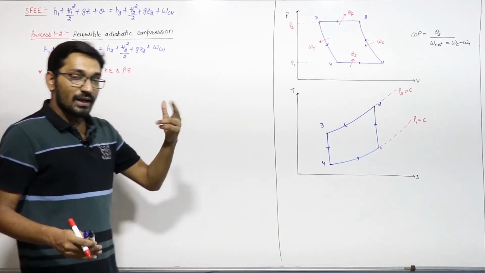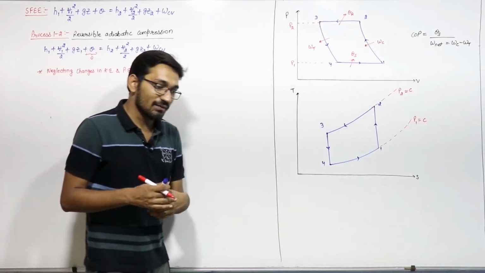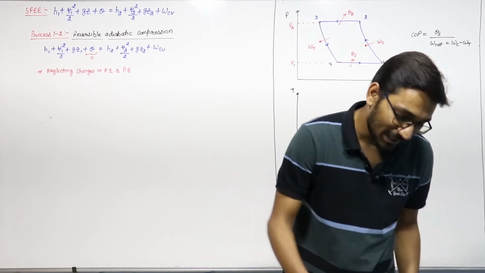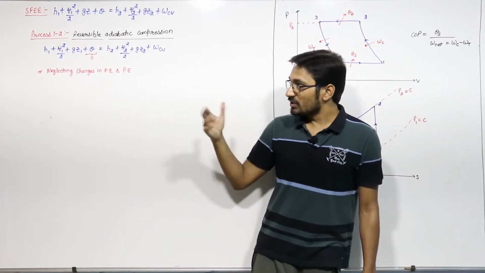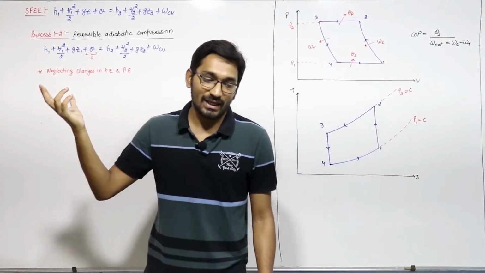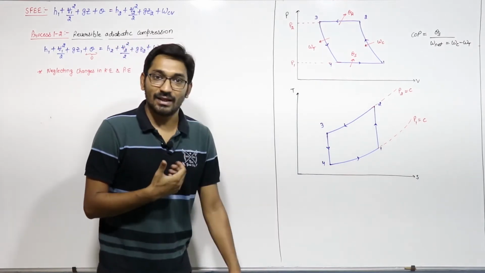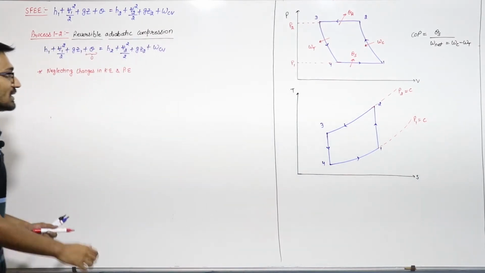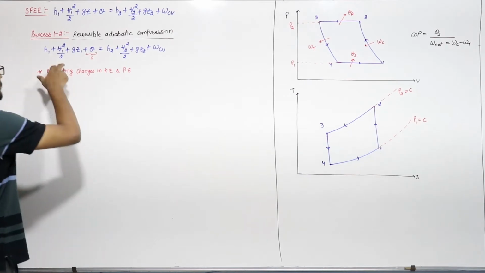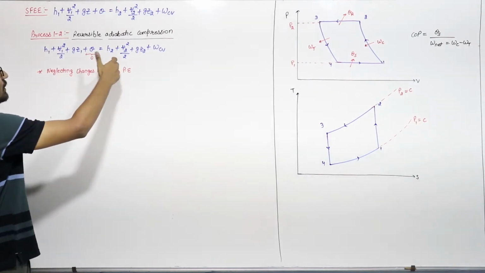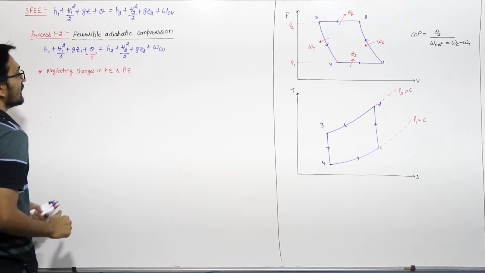We are neglecting the changes in kinetic energy and potential energy in the compressor. If in the question they give the velocity at the inlet and the velocity at the outlet, then you cannot neglect the change in kinetic energy. But here I am neglecting them. So V1 square by 2 minus V2 square by 2 is 0, and g z1 minus g z2 is 0.